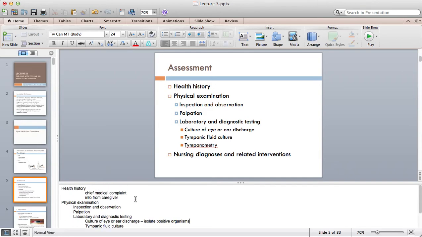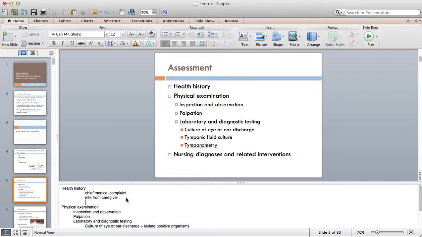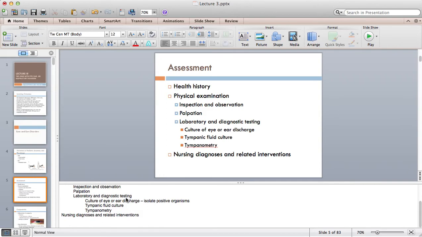And that we will get into more when we look at something like otitis media. And then based on all the information you gather from the parent and or the child, you'll be able to come up with your nursing diagnosis of the problem, to identify the problem, and then you'll be able to put interventions in place that will help you resolve those issues that the patient has.